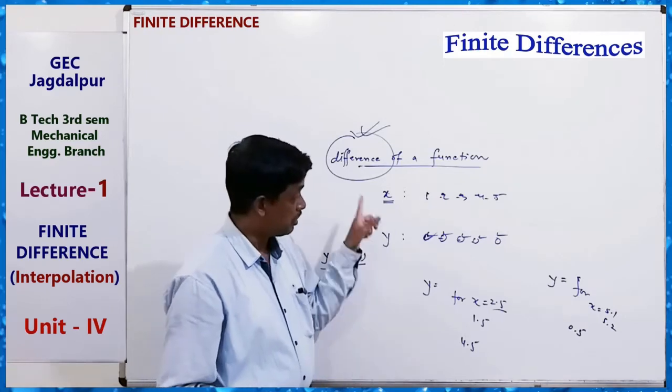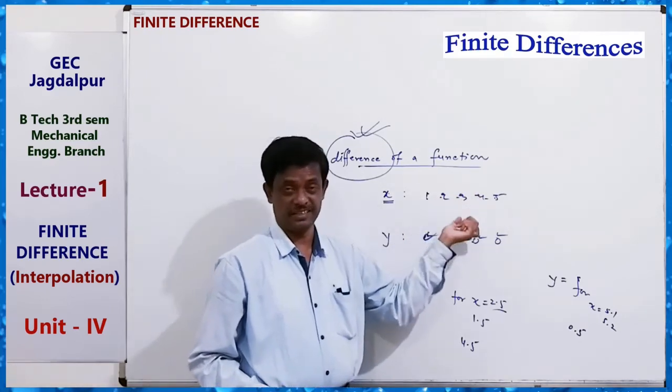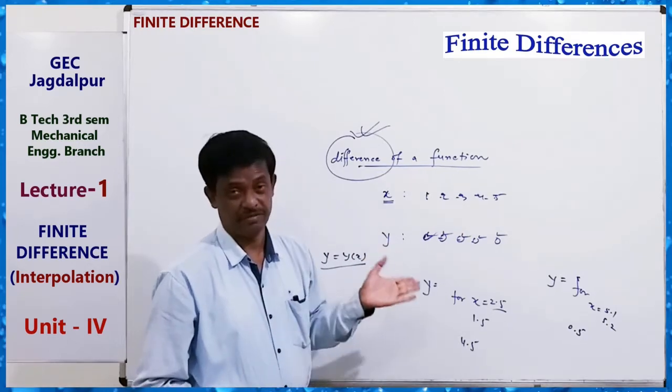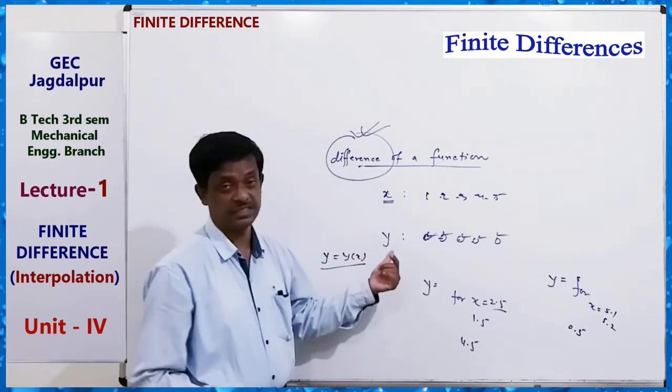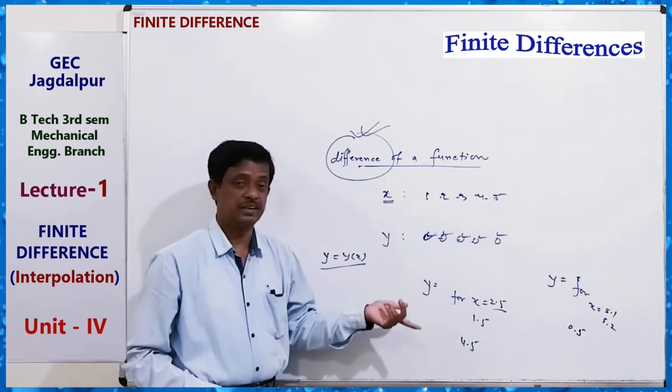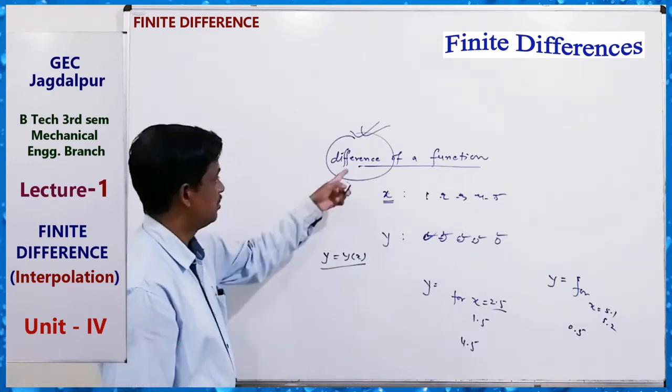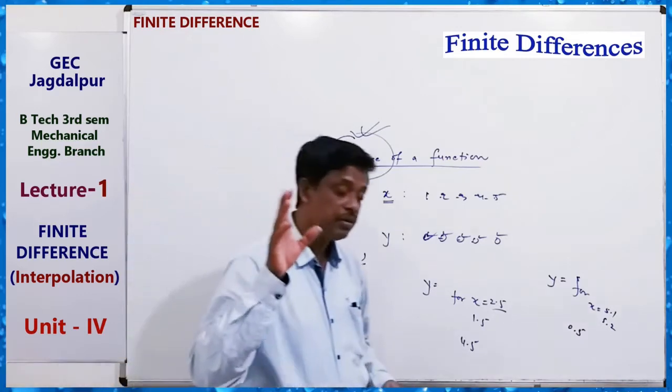For a particular value of x within the range, finding the value of the dependent variable y is known as interpolation. Interpolation is completely based on the concept of difference of functions.